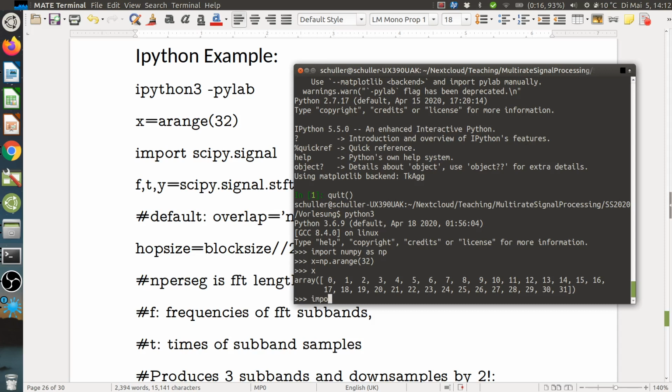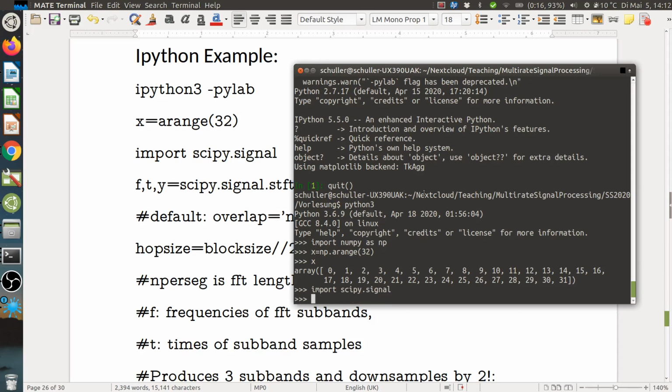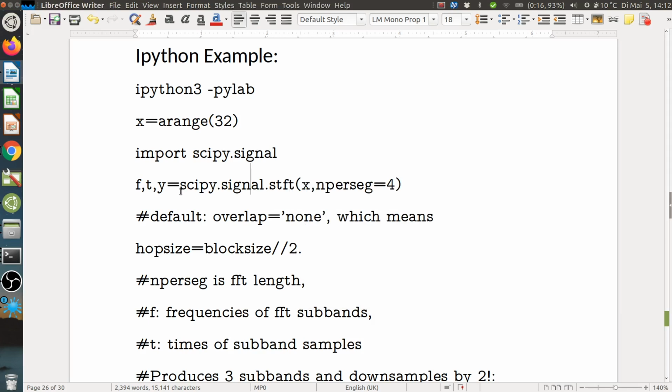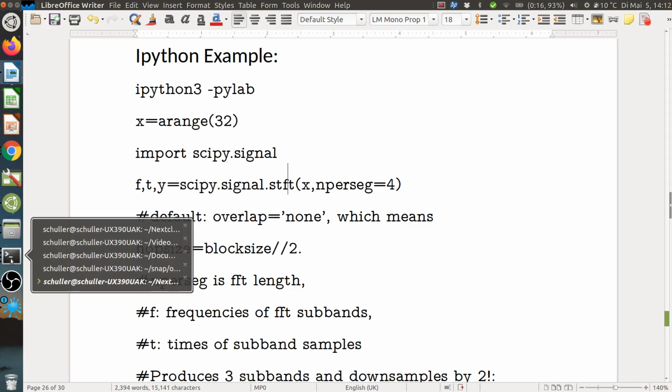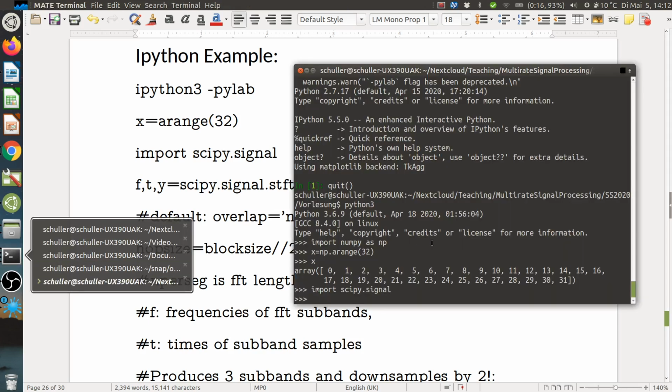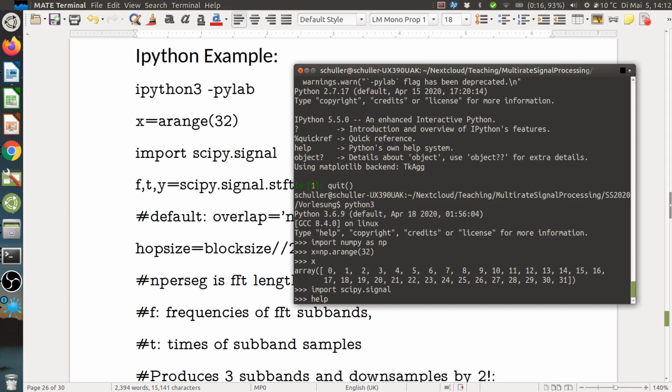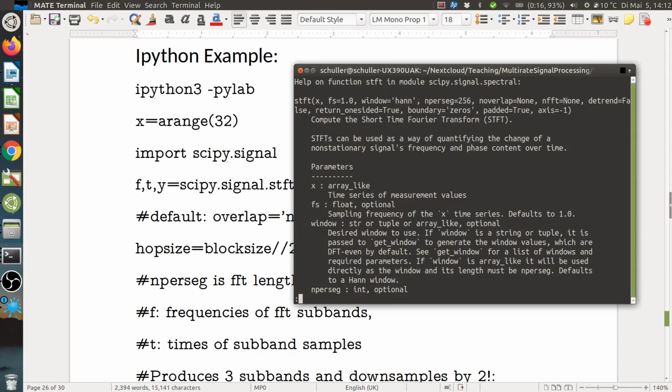Then we can import scipy.signal. This is the library where the FFT resides. And then we can actually execute our STFT. We could also first take a look at the help function of the STFT. We do that by help(scipy.signal.stft), and then it tells us what it does. Here you have all the arguments, and here the explanations.